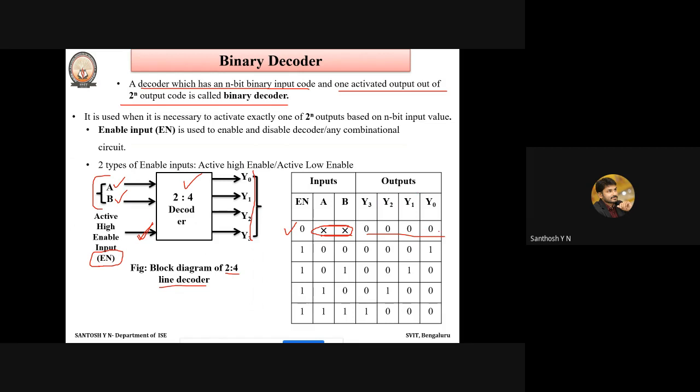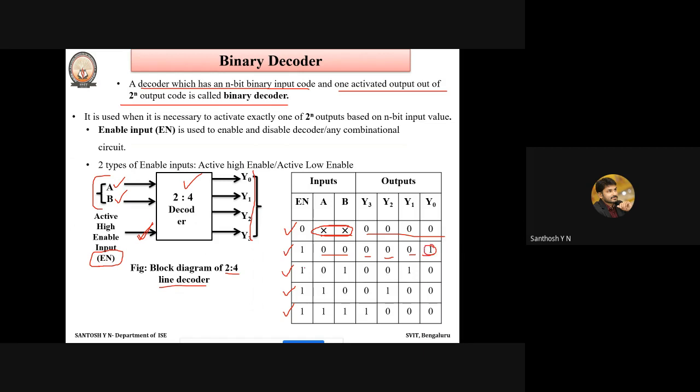Now from the next case, we have kept the enable signal high. What I mean to say is we are activating the decoder, enabling the decoder by providing 1. Now if AB is equal to 0 0, Y3 is 0, Y2 is 0, Y1 is 0 and Y0 is 1. Only Y0 is 1 here.